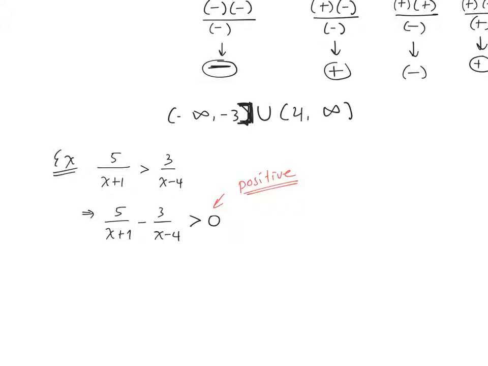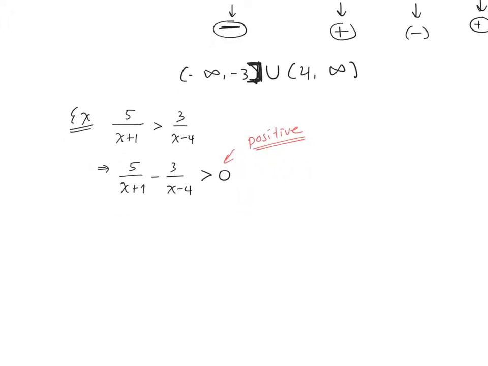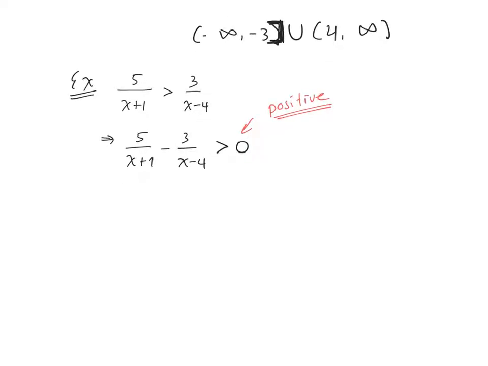So the first thing we're going to do is add the fractions. For that, you need to find the LCD. This is something that is not new, so you add the 2. This is what you end up with. And remember, this has to be positive.